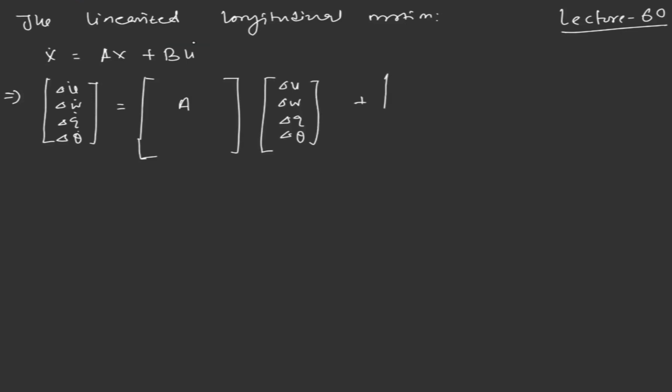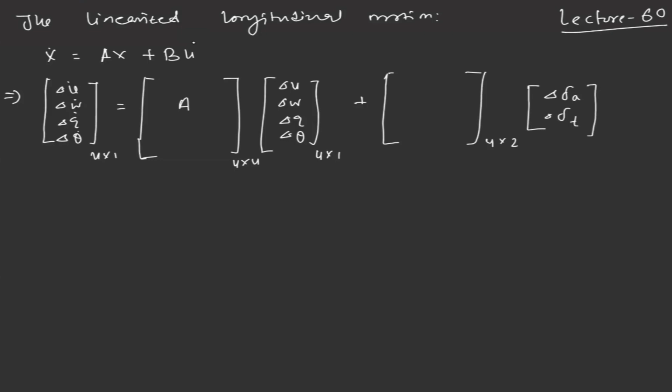And we have the B matrix. This is a 4 cross 2 matrix, and this is a 4 cross 4 matrix. This is 4 cross 1, and this is also 4 cross 1. And we have controls for the longitudinal motion, delta delta A and delta delta T.